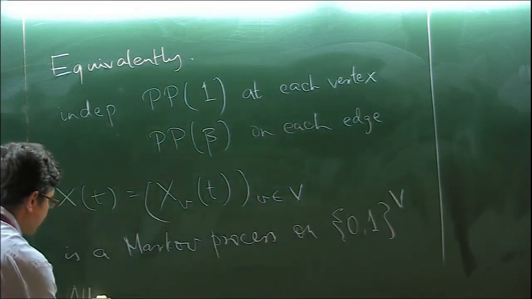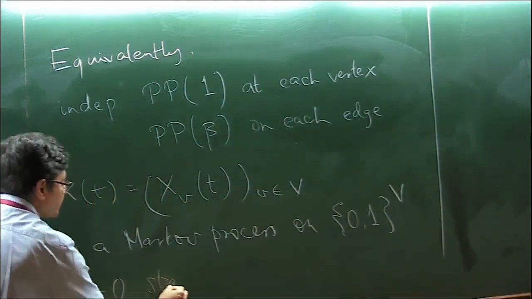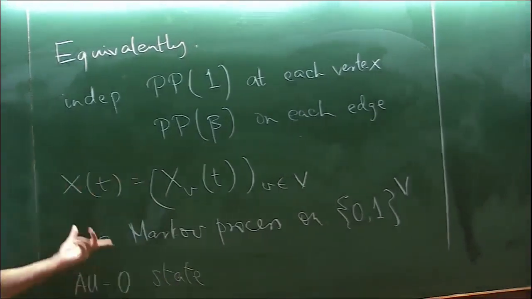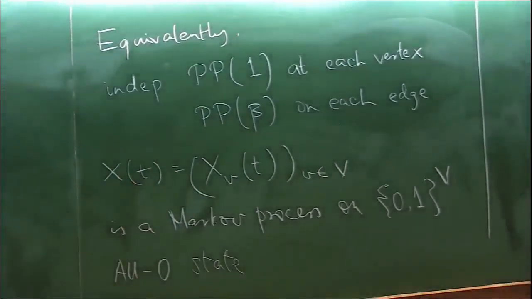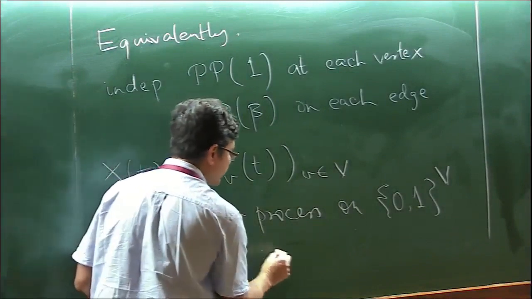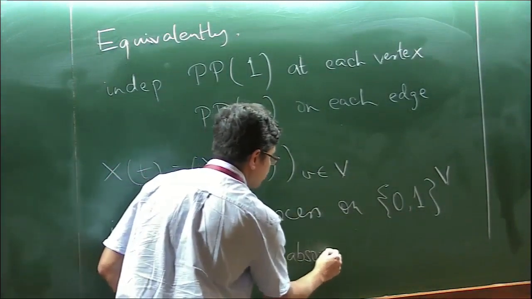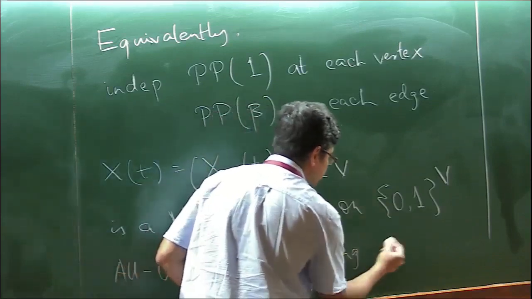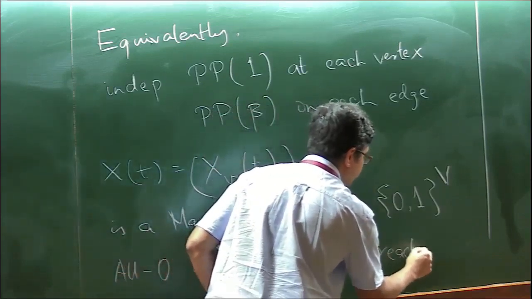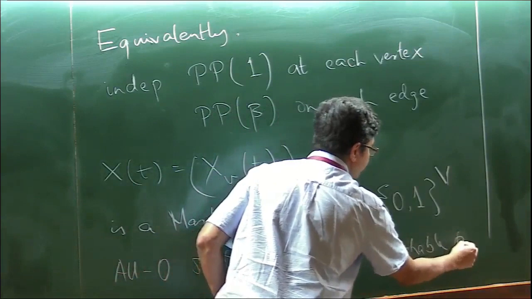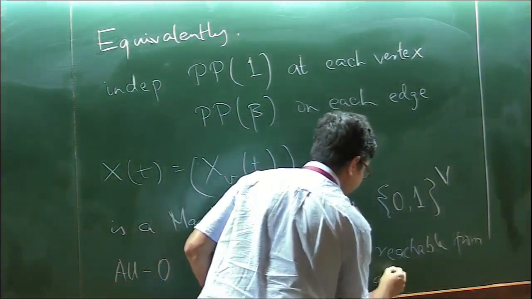So let's look at the all 0 state, which means everybody is healthy, in which case nobody can become infected after that. So the all 0 state is absorbing. Okay. And reachable from all other states.